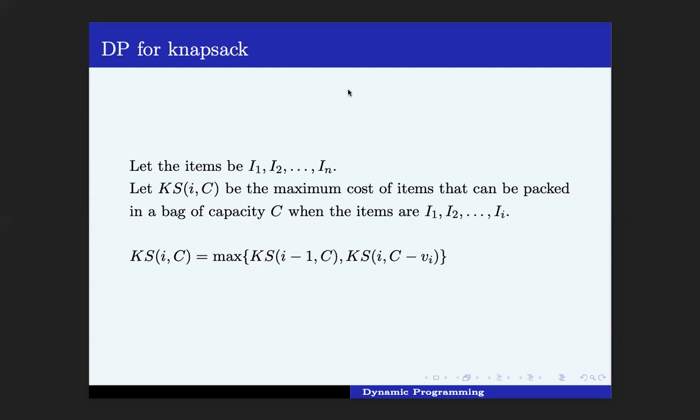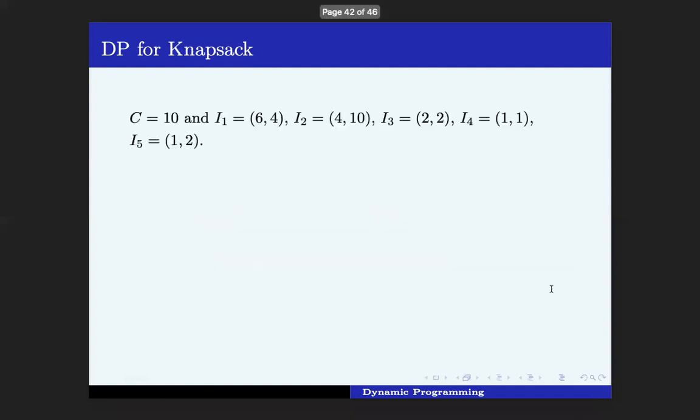There will be n items on one side, and the second parameter goes from 0 to C. So the total size of the matrix will be n times C, and you solve any entry by just looking at two of the previous entries. By doing so, you will be able to solve it.